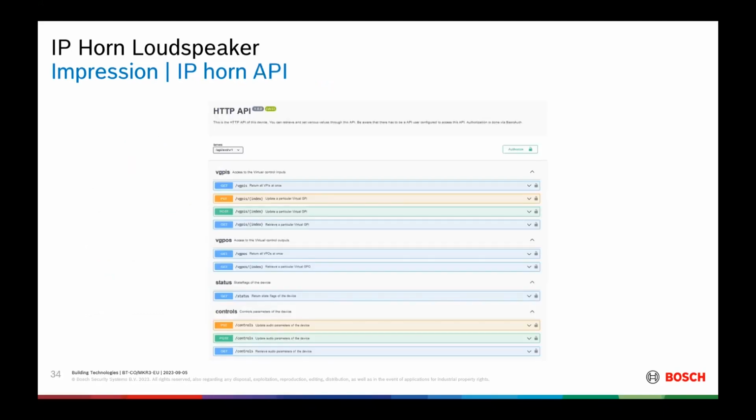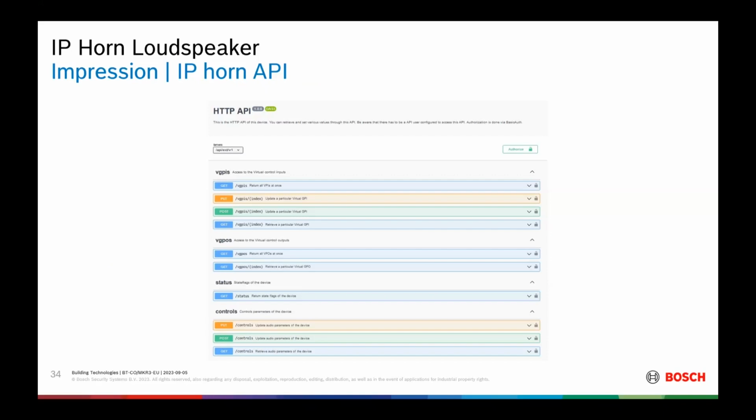There is a complete list of states and services available via the HTTP API. So you just need to type in the IP address of the horn plus /api/index.html to get an overview of the possibilities of the API and to test and demonstrate the API.